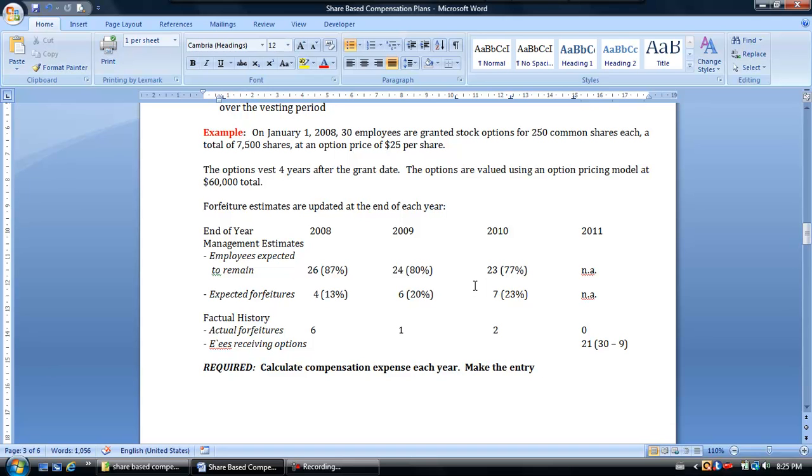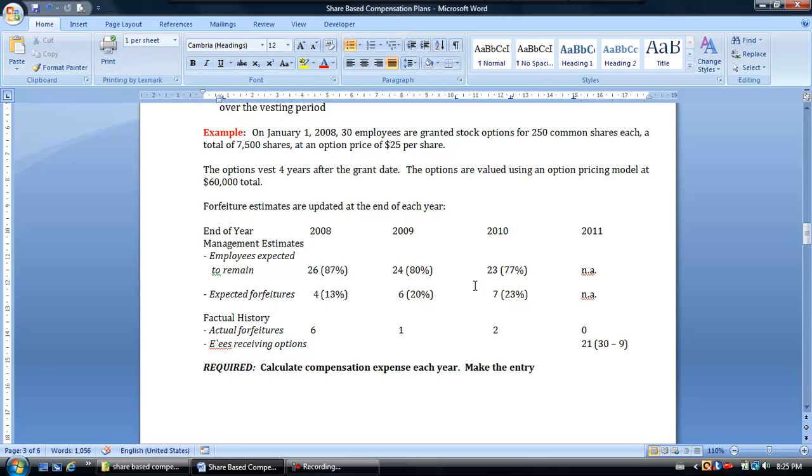So we can see here that we expect 87% of our employees, or 26 of 30, to remain throughout 2008, 80% to remain throughout the end of the year 2009. 23 people we estimate will remain up to the end of 2010, and of course we have not applicable in 2011 because by the time we reach the end of the vesting period, we're not going to be allocating any more compensation expense as well as contributed capital to the share options for anybody, because after that date there'd be nobody leaving, right?